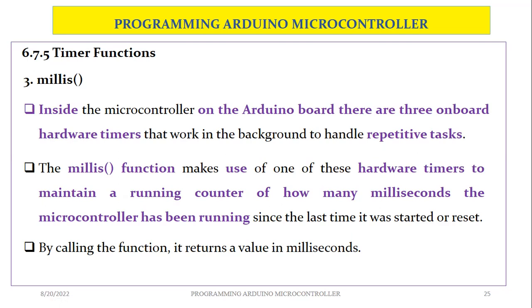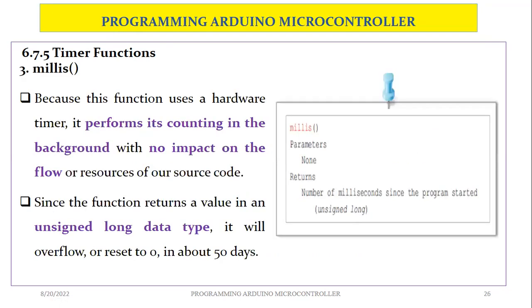So anytime a programmer calls the millis function, it will basically tell the programmer how long the microcontroller has been running. Because the millis function uses unsigned long data type, it will take about 50 days to reset to 0 or to overflow.